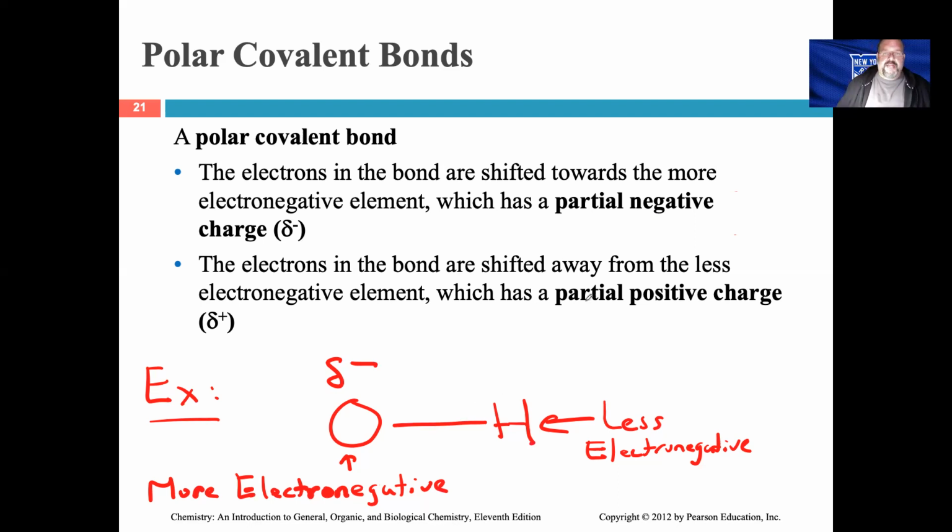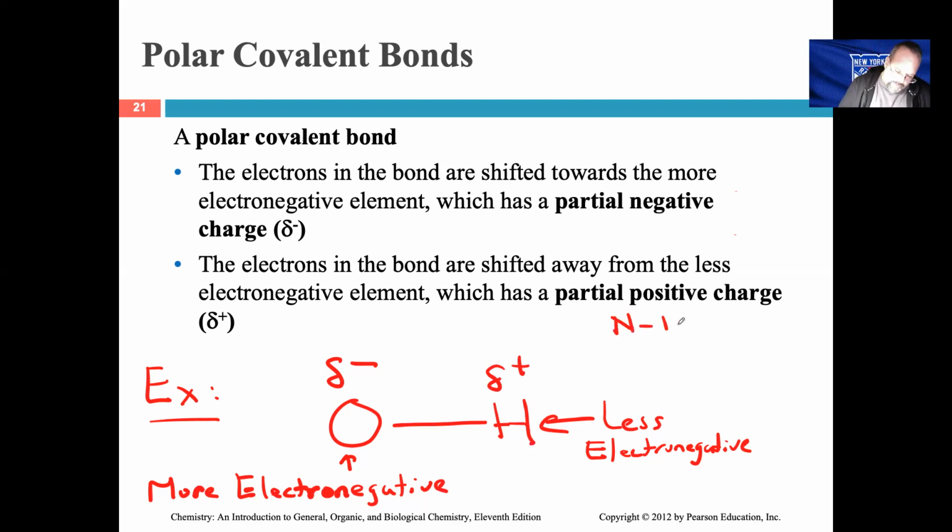That is known as a partial positive charge, given by the symbol delta plus. Again, why partial? Because the electrons are not being lost from the less electronegative element, they're being shifted away from it. So that element feels more of a positive environment. Going back to our example of O–H, the hydrogen would have a partial positive charge.